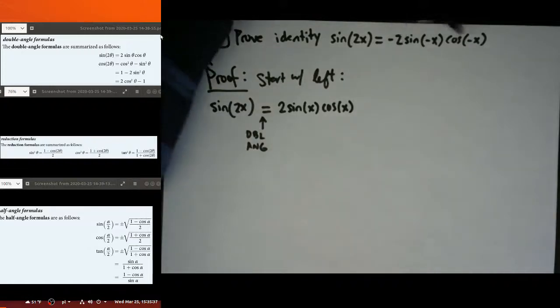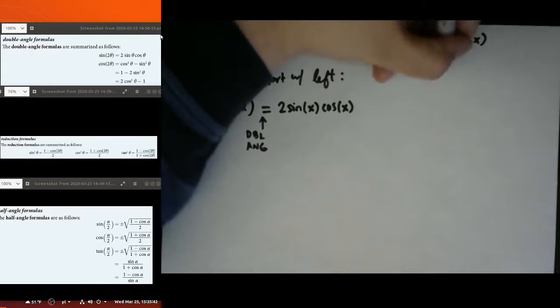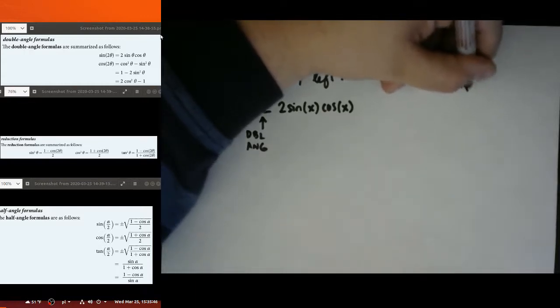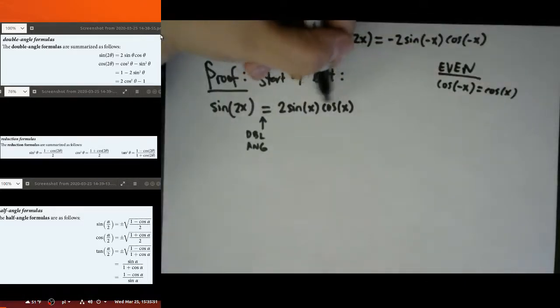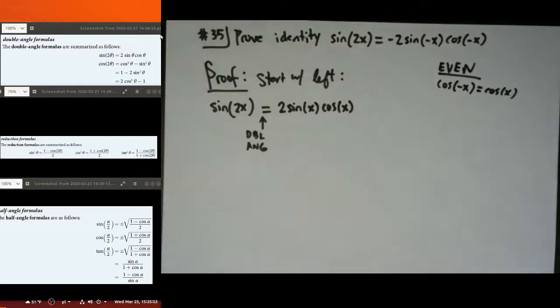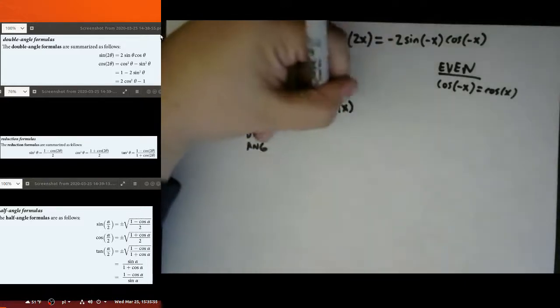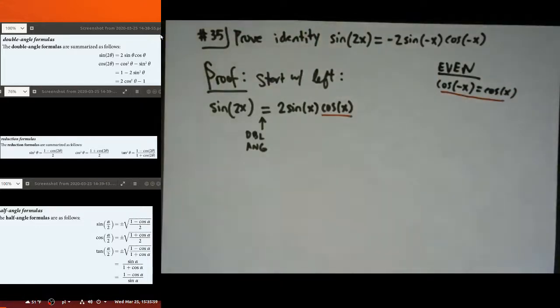But I look at where I'm aiming to be. And I have to remember the even property of cosine, that cosine of minus x is cosine x. So I'm really able to replace this cosine x here with cosine minus x.